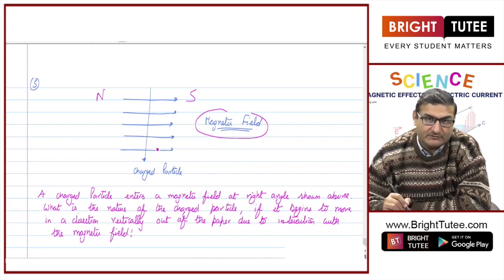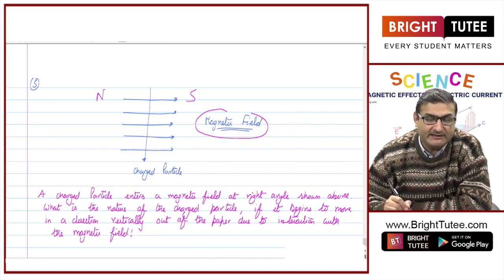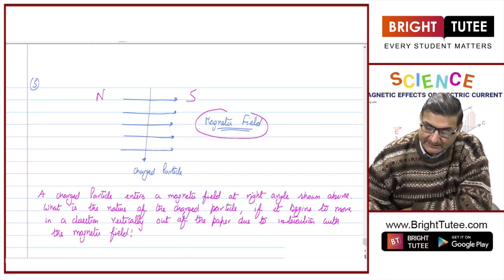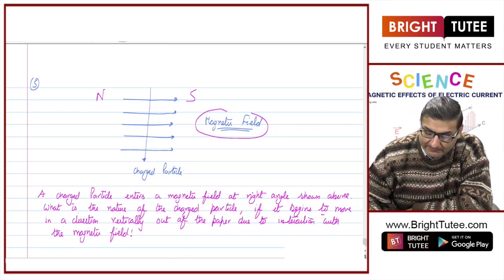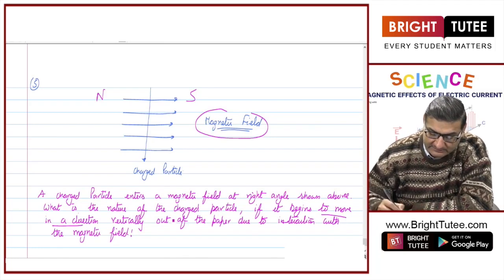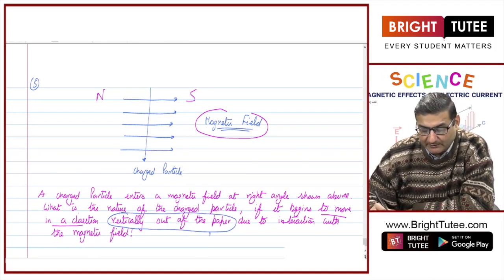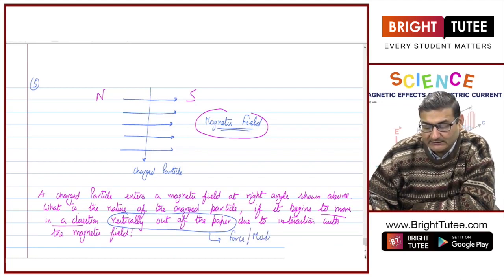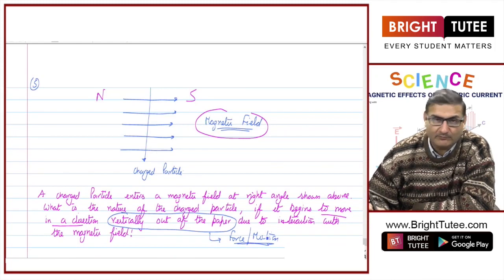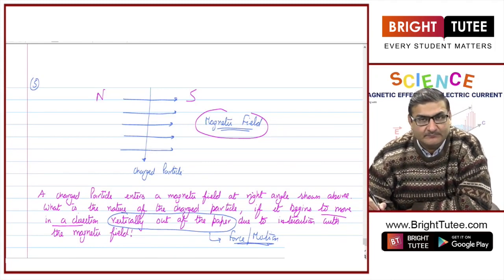When it goes into the magnetic field, under the effect of the magnetic field lines and the force of it, it will deflect and it begins to move in a direction vertically out of the paper. Now, if it is moving out of the paper, that means it is the direction of force or the direction of motion being provided to us, right?